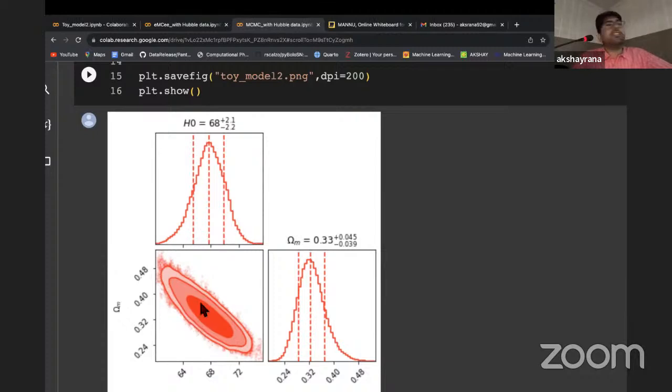Had it been a simple circle, I could say there is no correlation between the two parameters. Had it been a banana shape along this diagonal, I would say there is a positive correlation. This darker region is the density of the points, the larger density. The more you go outside, the more the density of points decreases.